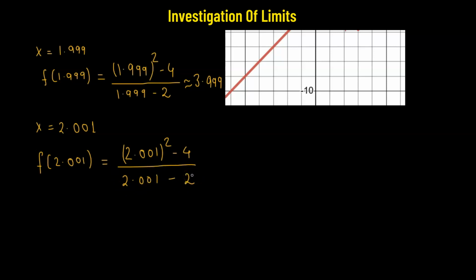This should give us 4.001. From these two values, calculated in the vicinity of x equals 2, we can make an assumption that the limiting value of f of x when x approaches 2 is equal to 4.